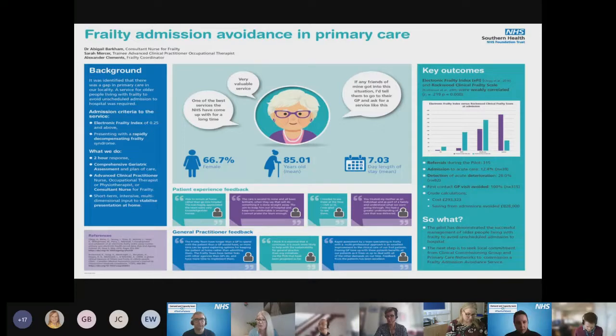They would respond very quickly to stabilise, assess and diagnose any ongoing concerns. It was run by acute clinical practitioners with some support from a geriatrician as well. This is a case study around their journey using the demand and capacity model, the urgent response model.